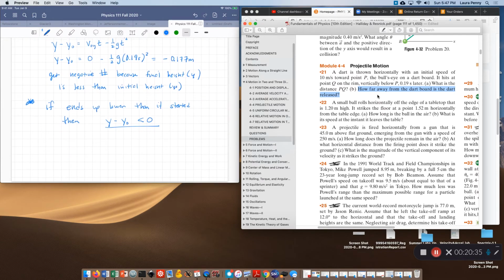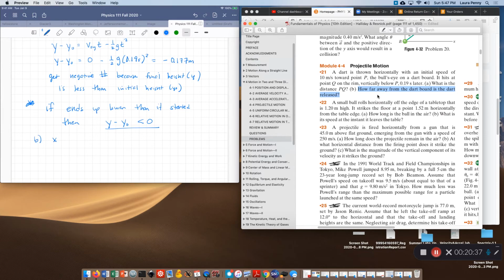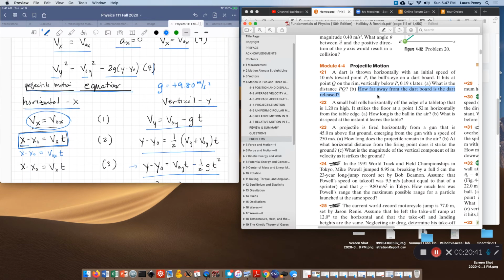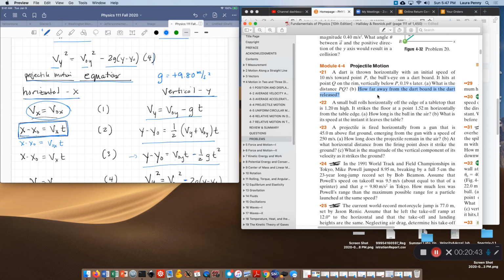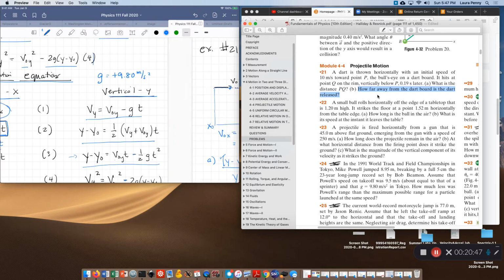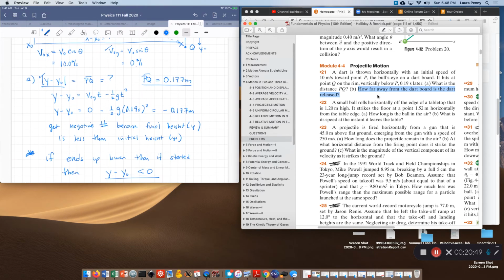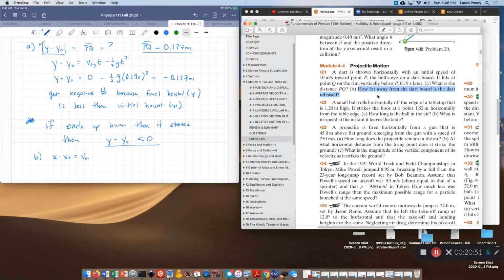How far away was I from the dartboard? Well, x minus x naught is the simplest one. It's v naught x times the time. We know v naught x, and we know time. So our v naught x is 10 meters per second.